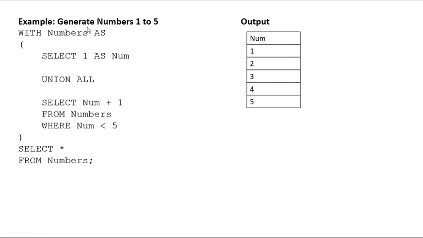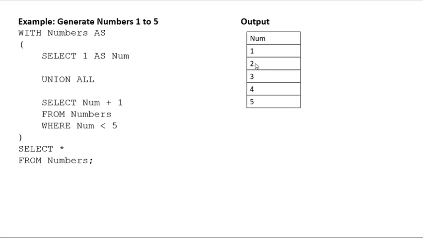A recursive query example to generate the numbers 1 to 5: WITH numbers (num) AS ( SELECT 1 AS num UNION ALL SELECT num + 1 FROM numbers WHERE num < 5 ) SELECT * FROM numbers; So num is the column name, starting with 1, and the condition is that num is less than 5.